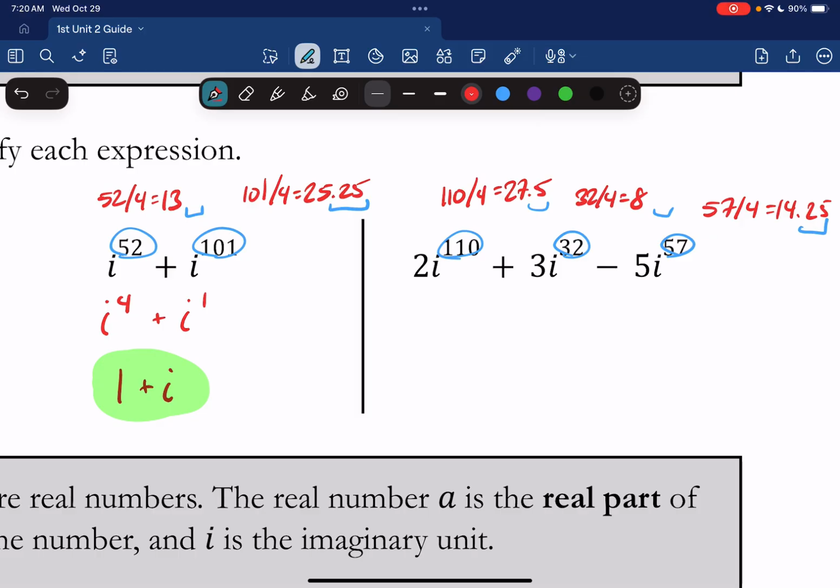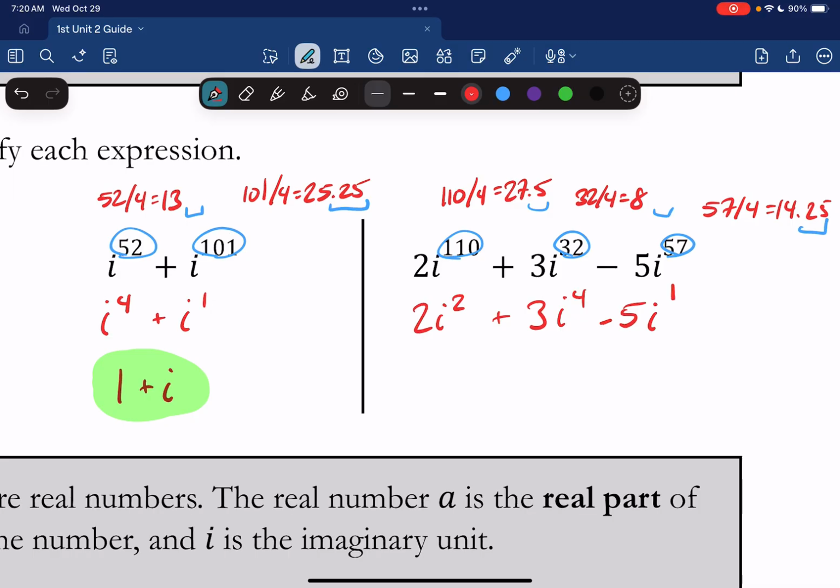So my first one, i to the 110, is equivalent to i squared. So I got 2i squared plus then 3, this is equivalent to i to the 4th. And then i to the 57th, oops, sorry, that's going to be equivalent to i to the 1st, not i cubed, minus 5.